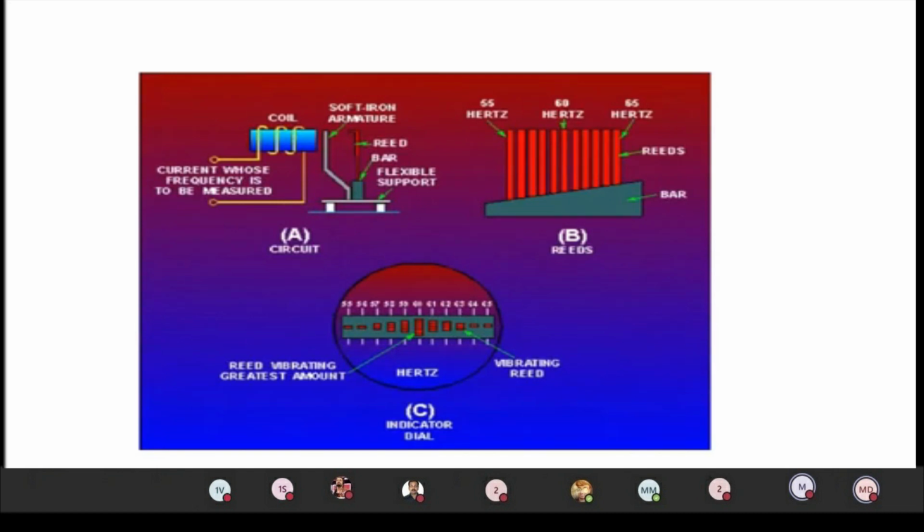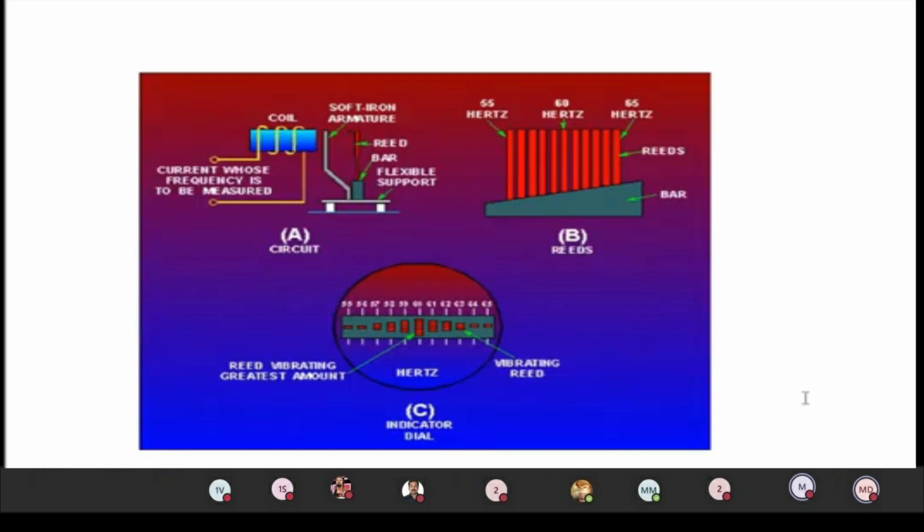And in the third diagram, that is in C, you can see the indicator dial. The red colored parts are the reeds with different readings at the top. In this example, we have taken 60 Hertz as the input supply. You can see all the reeds vibrating.